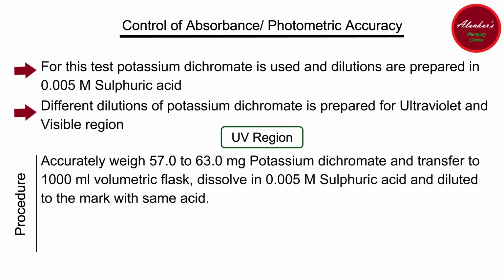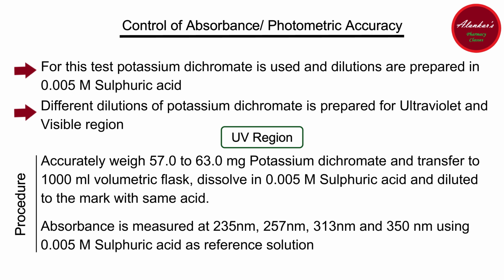For the UV region, accurately weigh 57 to 63 mg of potassium dichromate and transfer to a 1000 ml volumetric flask, dissolve in 0.005 molar sulfuric acid and dilute to the mark with the same acid.